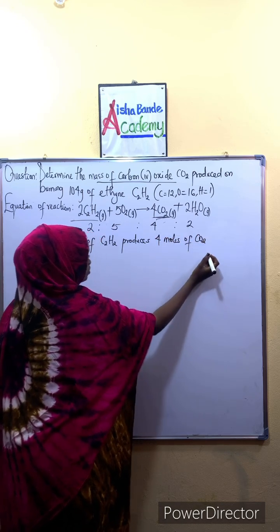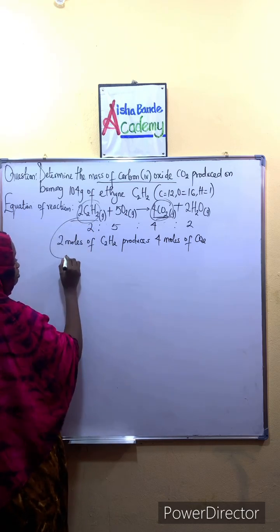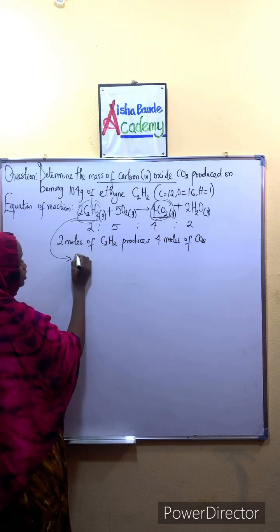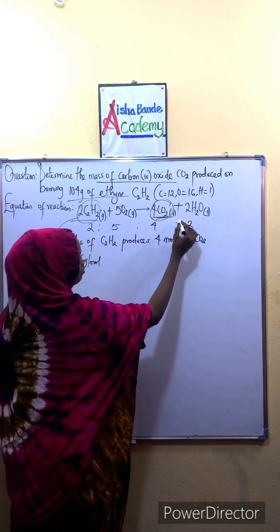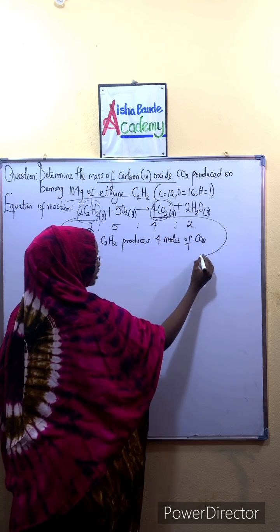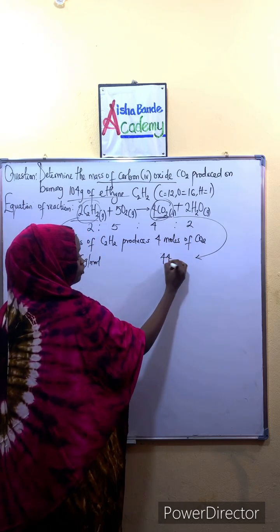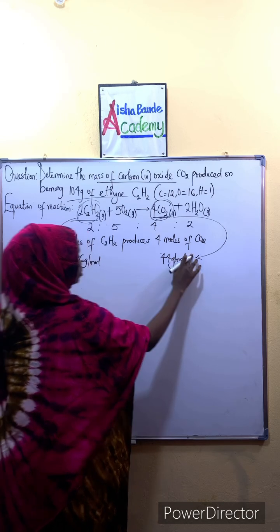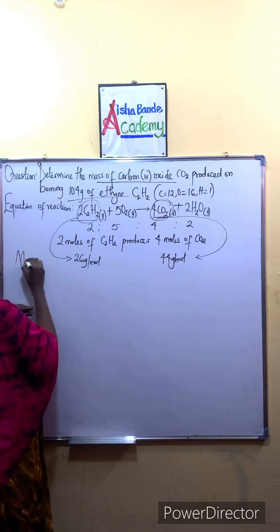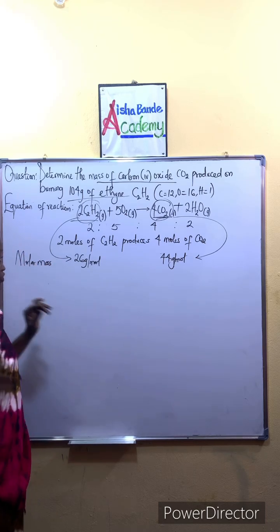Calculating the molar mass of C2H2 gives us 26 grams per mole, while the molar mass of CO2 is 44 grams per mole. The calculation of molar mass has been done in the previous classes.